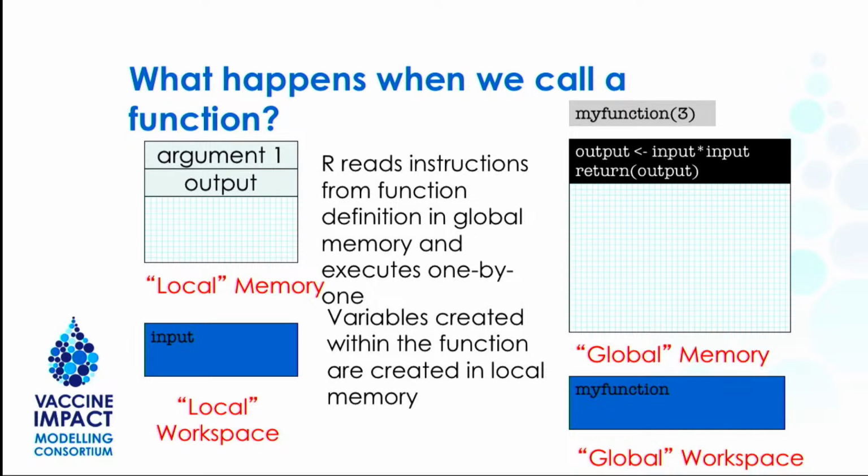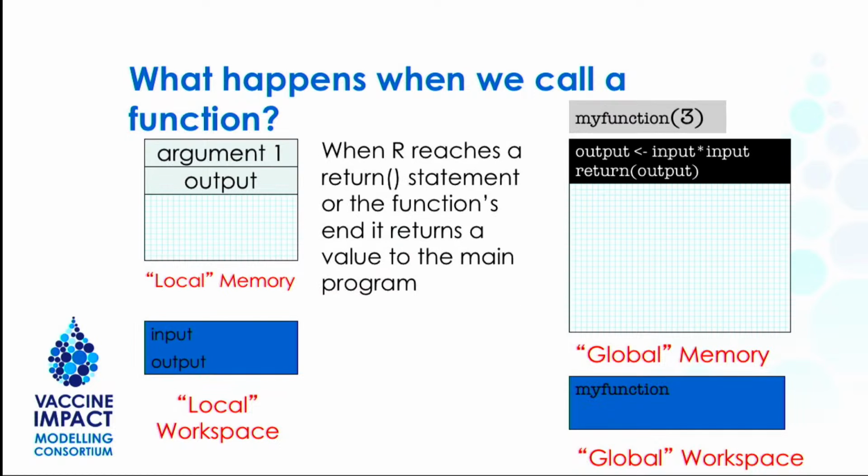The code within the function will then execute only seeing the arguments within the function, and it will generate the output, which can then be returned to the main program, to the command line, or to a variable if you assign it to a variable in the global workspace.